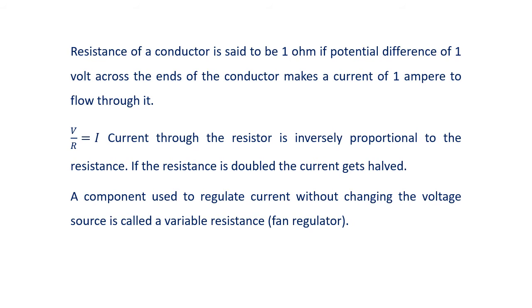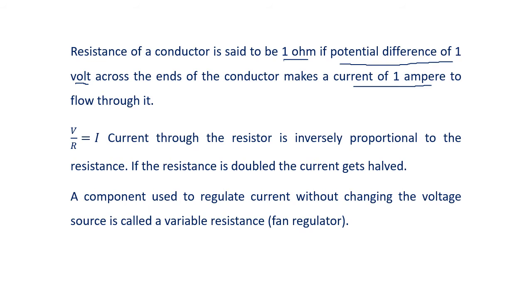So if the potential difference is 1 volt, if you apply 1 volt potential and the current is 1 ampere, then by the formula the resistance is 1 ohm. So you know the formula, I is equal to V upon R or V equal to IR.